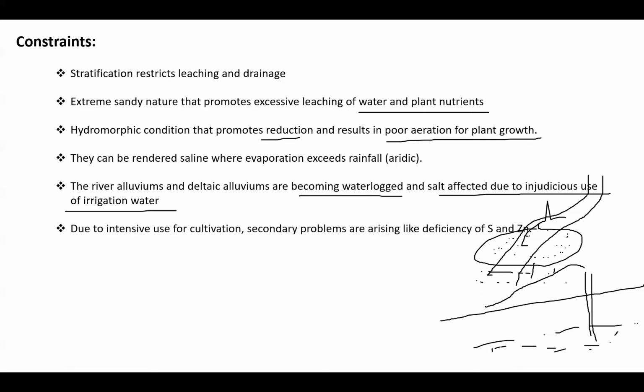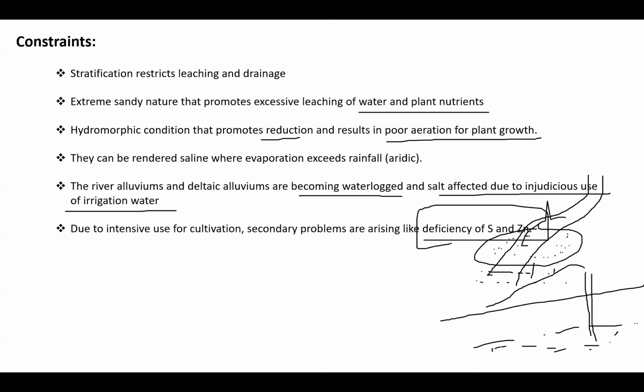Another important problem: due to intensive cultivation, secondary problems like deficiency of sulfur and zinc, a major secondary nutrient and a micronutrient, can be seen in deltaic and river alluvium type conditions, because there is cultivation throughout the year. Hardly are the soils at rest.